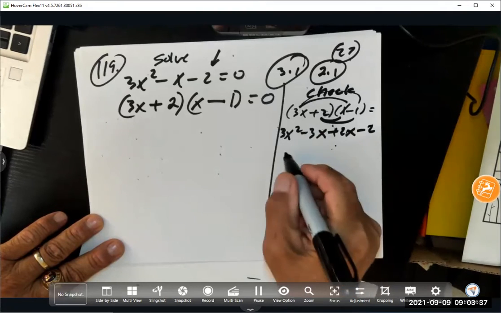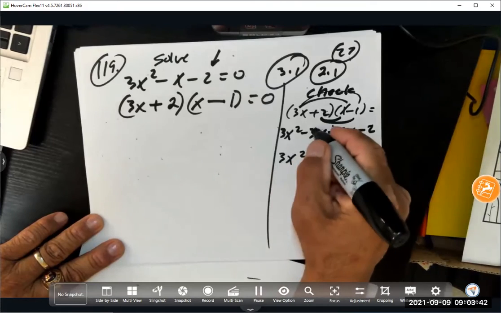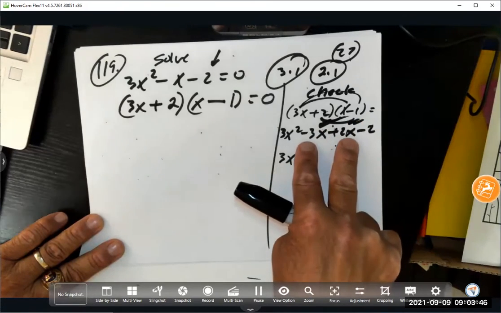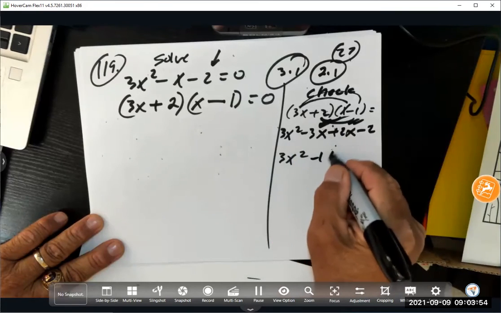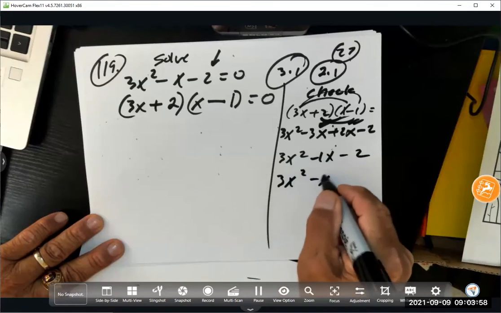So now we have 3x squared, and here's the hard part. What do you think -3 and a +2 is going to be? This right here. -1. Or 3x squared minus x minus 2.